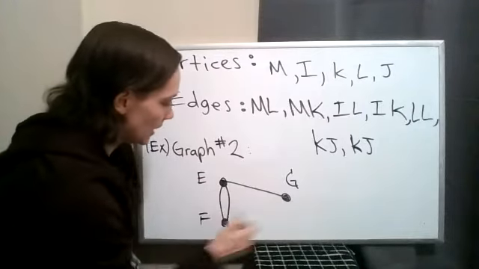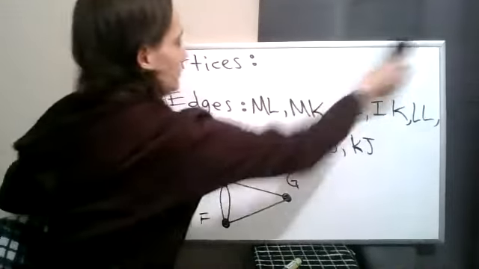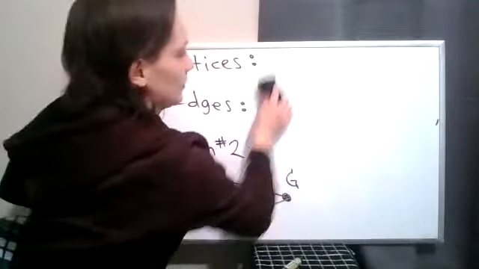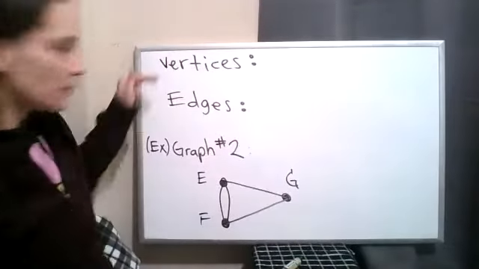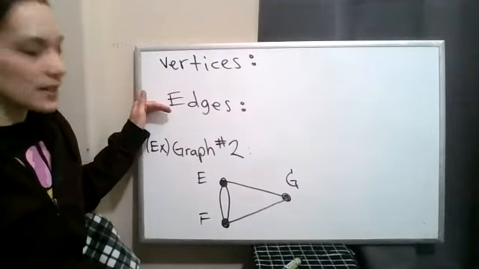E goes to G and F goes to G. And we want to practice finding all the vertices, finding every edge. Make sure you don't have any repeats.